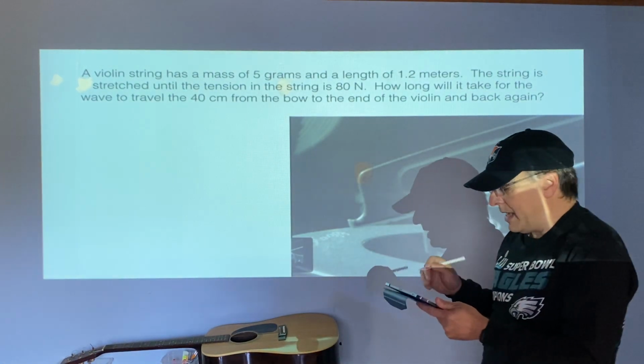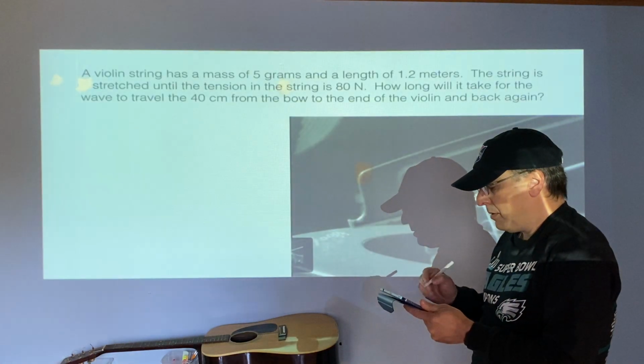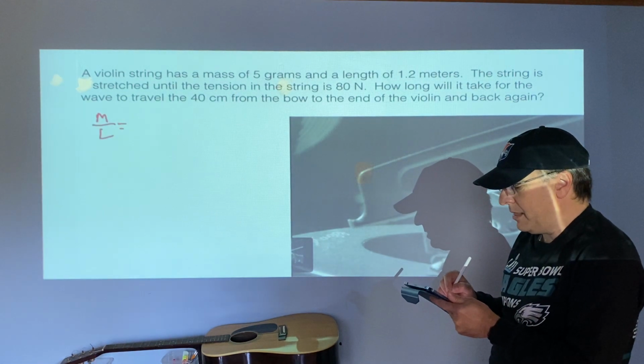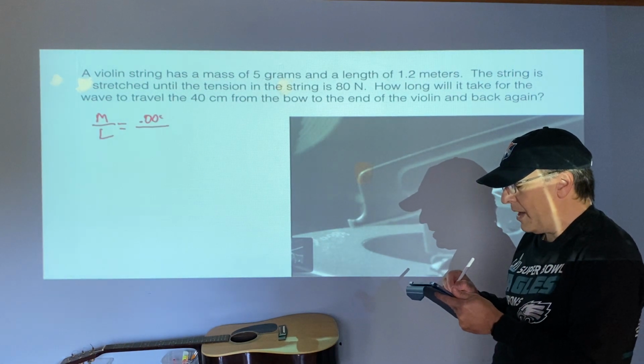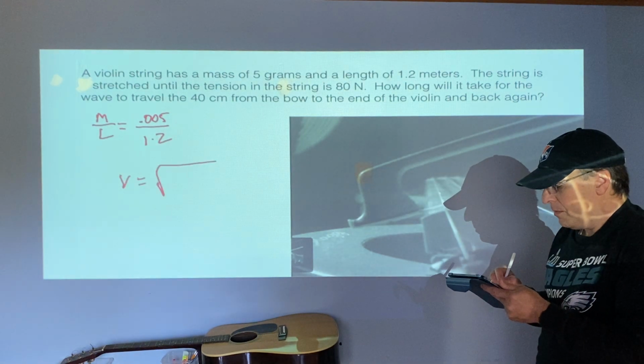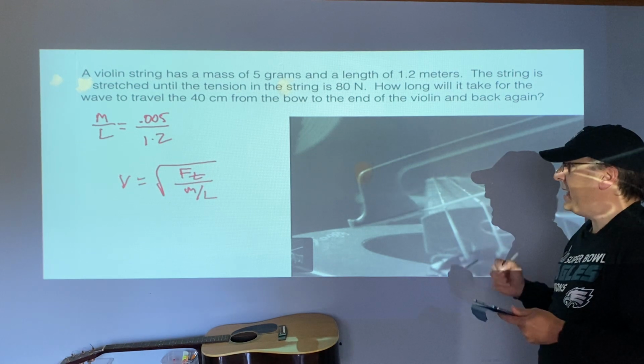Then whatever you get for that linear density. Okay, so again, mass over length, 0.005 over 1.2. And then whatever you get, plug it into your formula for speed.